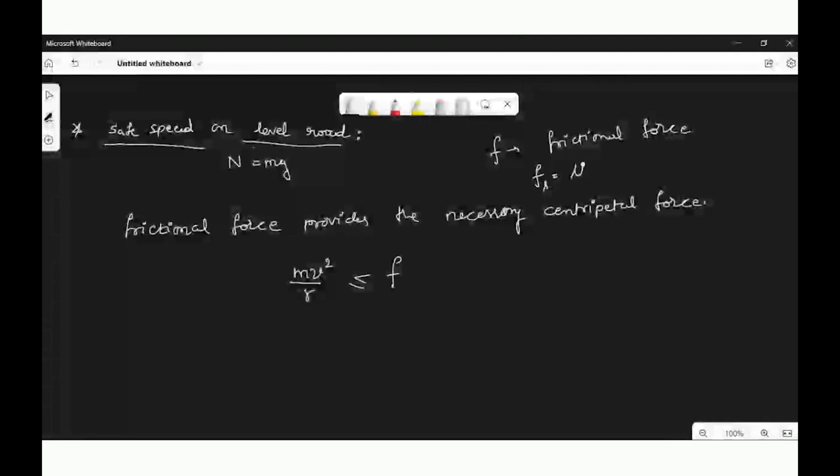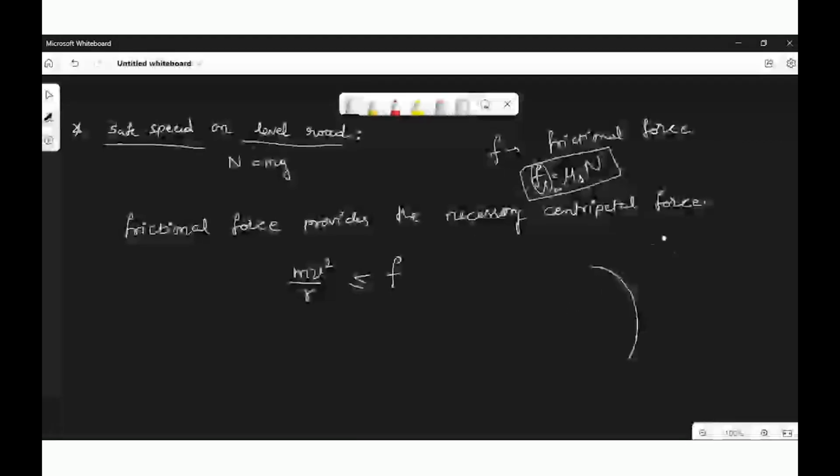Not v max square by r, that is centripetal force. The frictional force equation is mu s into N. This is the limiting friction, or the maximum static frictional force, mu s into N.